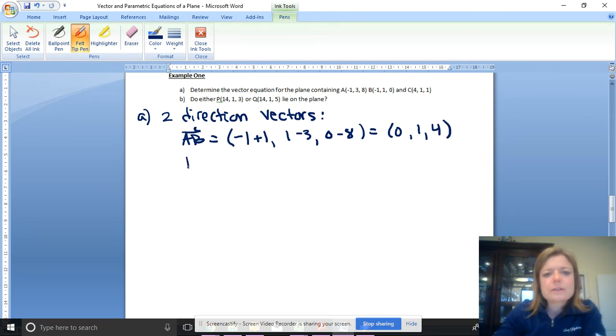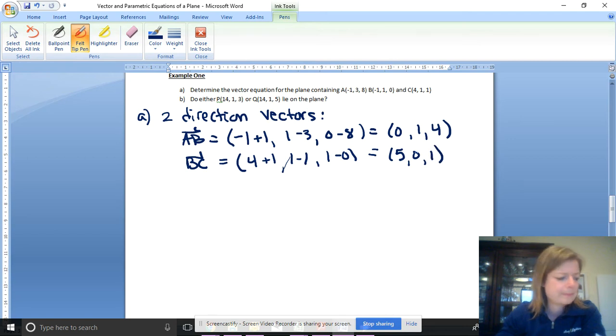And then our second direction vector can be BC. So that's C minus B. So 4 plus 1, 1 minus 1, 1 minus 0, and that gives us the direction vector 5, 0, 1. So now we know that we have our R. Now I can use any of the 3 points as my RO.